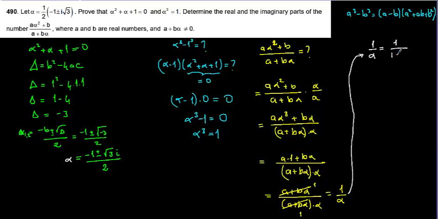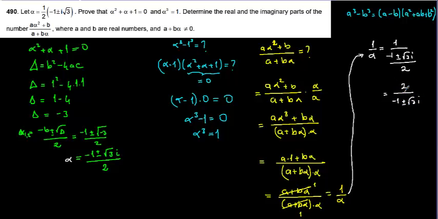Then if you send this term to the upper part, it's going to be equal to 2 over (minus 1 plus minus root 3i).